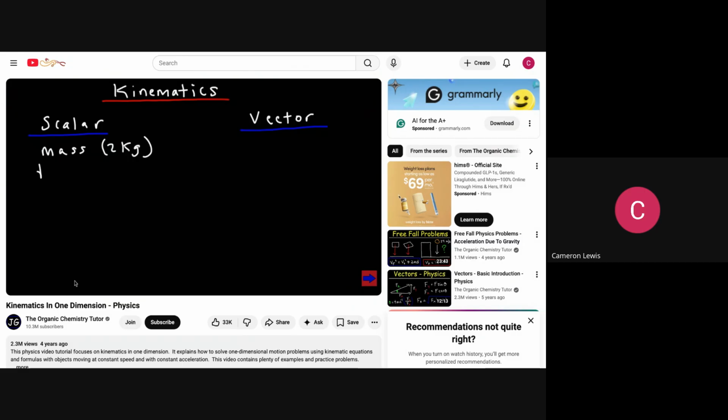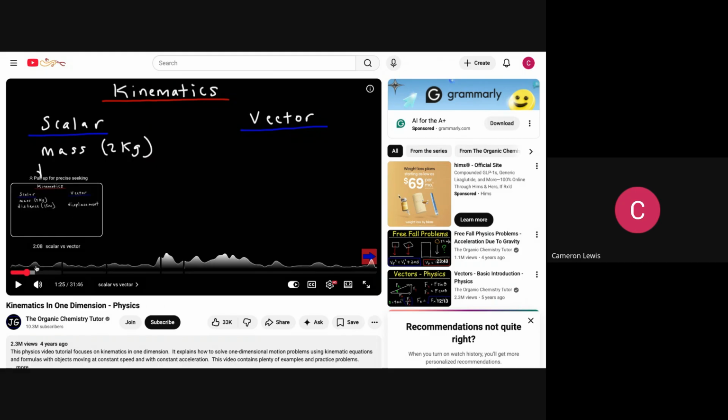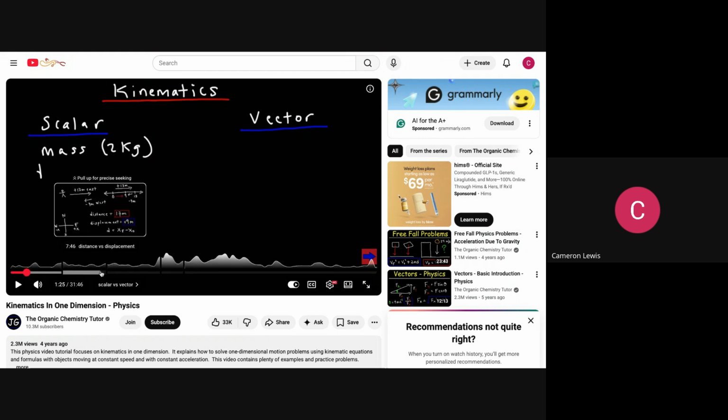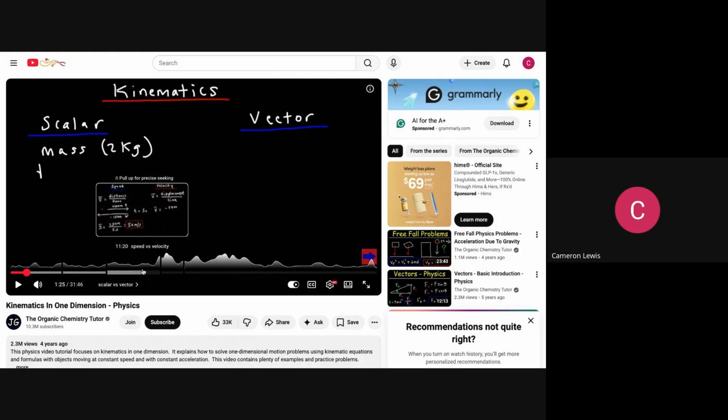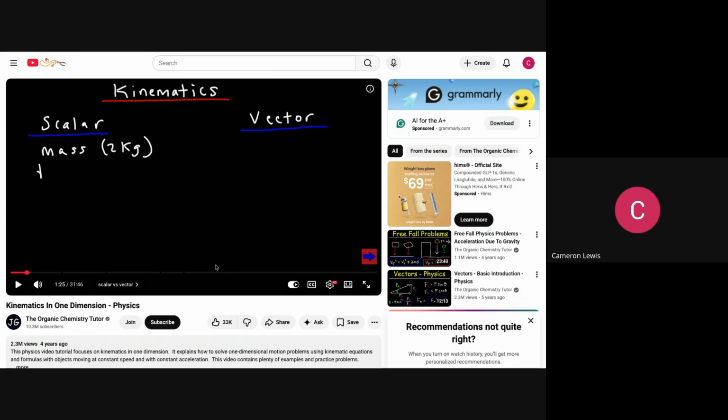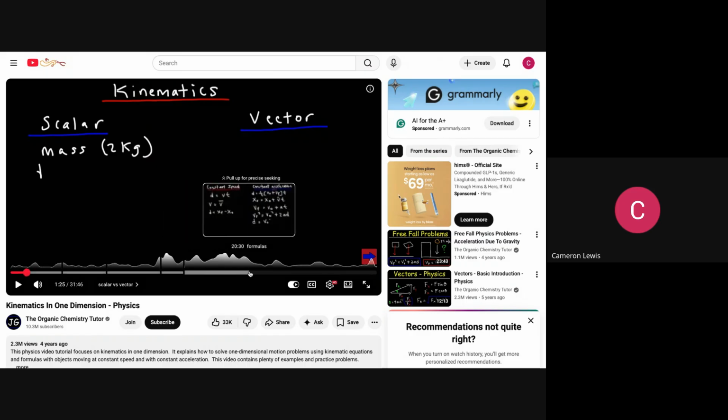The different parts of this video that they covered: they talk about kinematics. As you can see in the thumbnail, they have the same type of setup that I have, with the charts and the different types of vectors. Then they started talking about individual quantities, distance and displacement, speed and velocity, and then got into constant speed and constant acceleration. So this video covers a whole entire thing of how we were able to do the same thing in class.